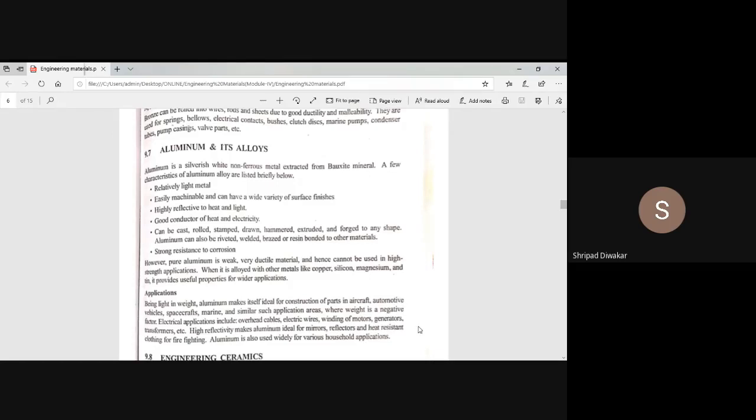So this aluminum plays a very important role in aircraft applications. The maximum aeroplane parts are made up of aluminum because they are very light in nature, they are corrosion resistant, and they can easily be shaped into any parts. Because of these properties, aluminum is most widely used in aircraft and automobile vehicles, like you studied in IC engine, the pistons are made up of aluminum.